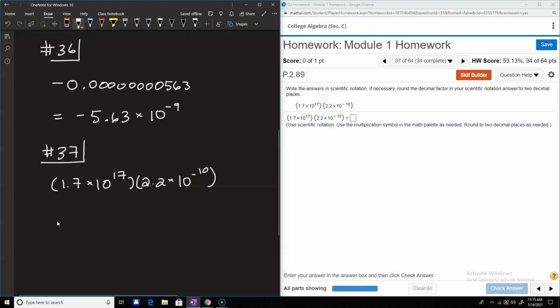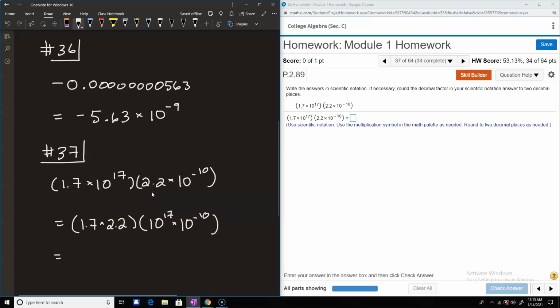So again, we're going to regroup these. So instead, I multiply by 1.7 and my 2.2, and then I multiply my 10 to the 17th and my 10 to the negative 10th. And the nice thing about multiplying the tens together is we can just add their exponent because they have the same base.